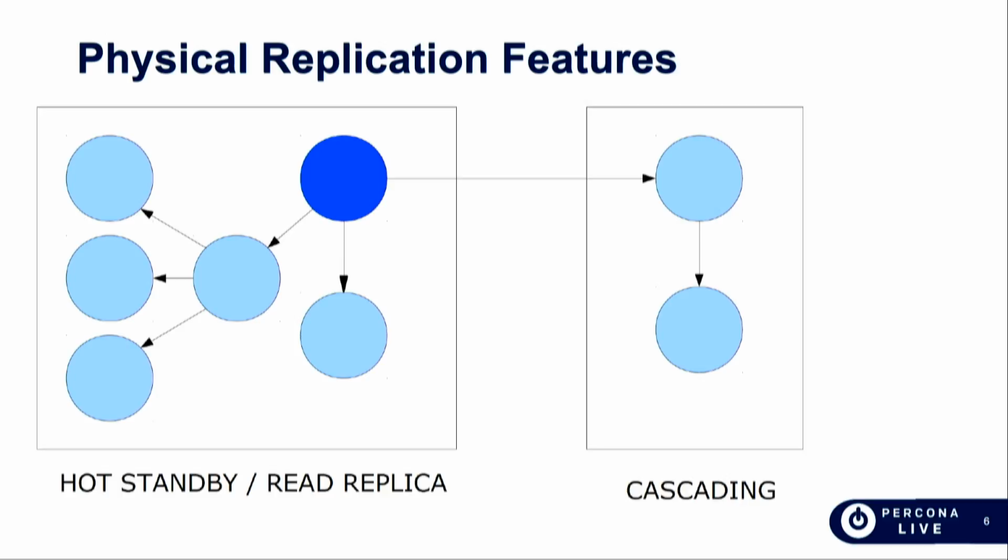There are quite a few other features to talk about in terms of replication. The diagram on the right shows that we send data to one node and then we're able to send that to a subsequent node, and that's what we call cascading, and that allows us to assemble quite complex architectures of interacting nodes.